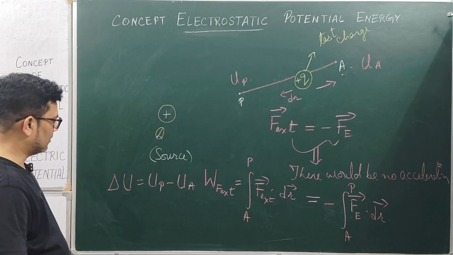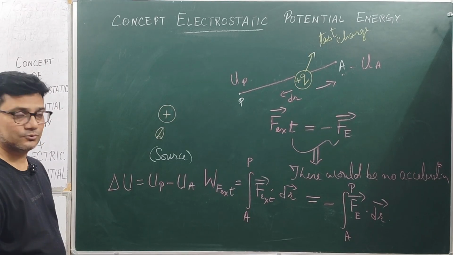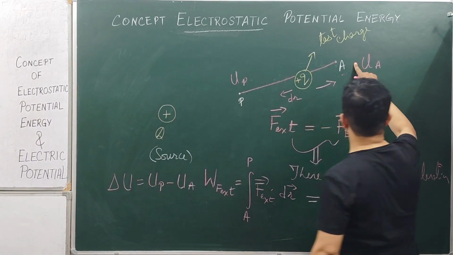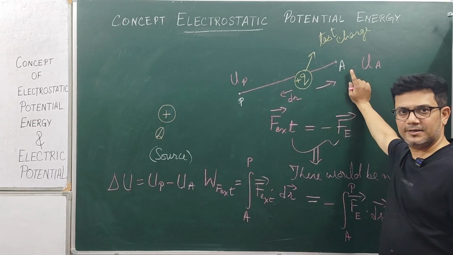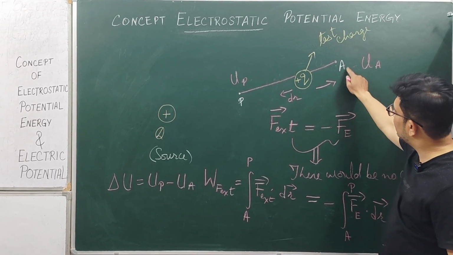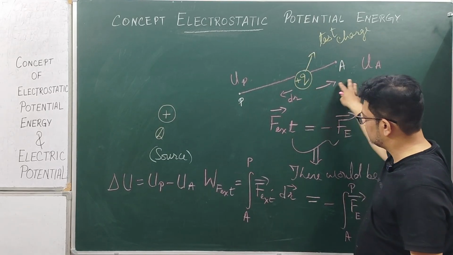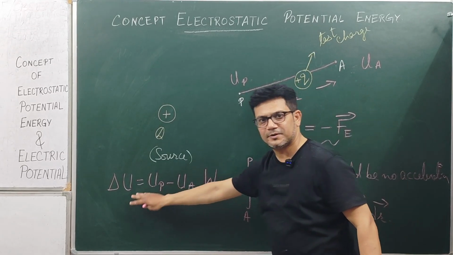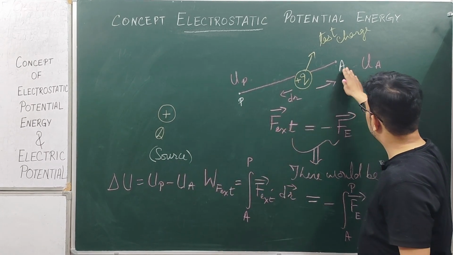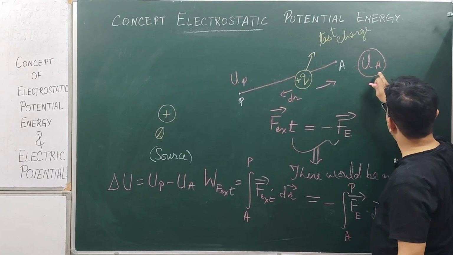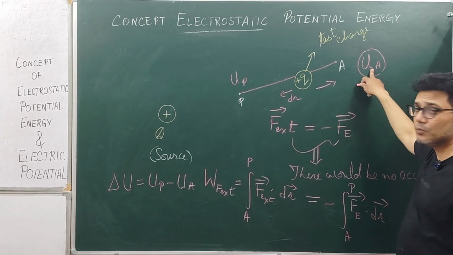Well, now there's something more to it. Suppose here we have taken A, but instead of A we can take any position, because this potential energy depends only upon the positions. We have taken a finite potential energy at A as UA.